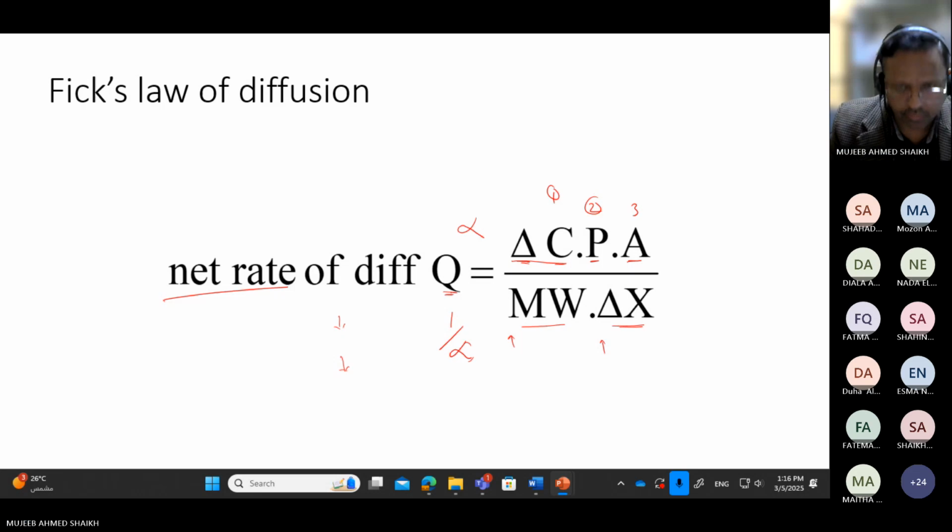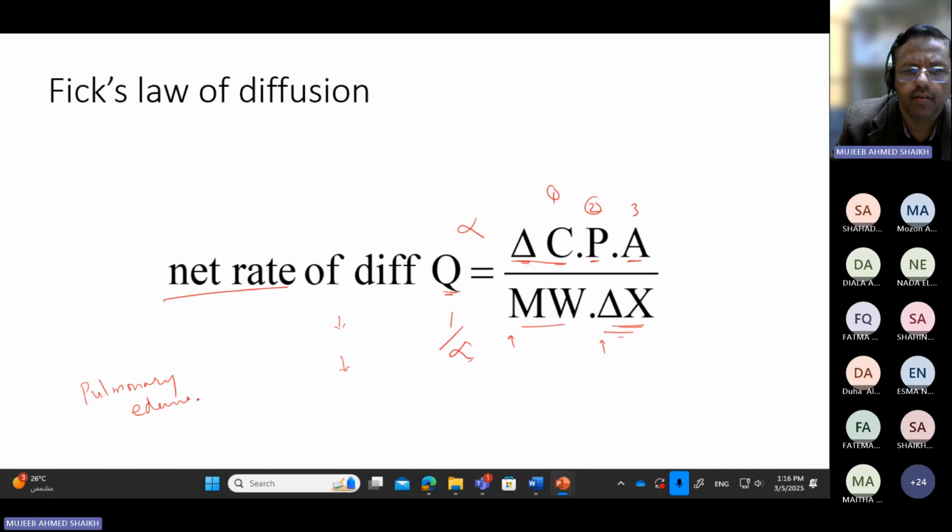Okay. A very good example of the thickness of the membrane is pulmonary edema or pneumonia, maybe a condition where there is inflammation of the lung. In the lung, you will have alveoli, and next to it is the capillary.